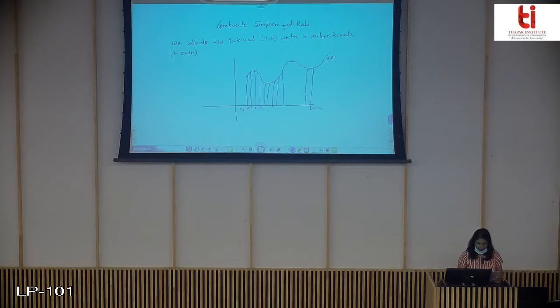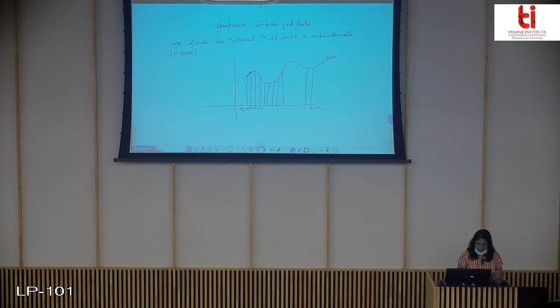Here these are the 3 points and we are approximating with a second degree polynomial.